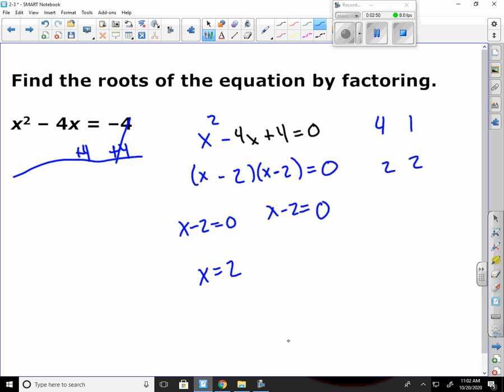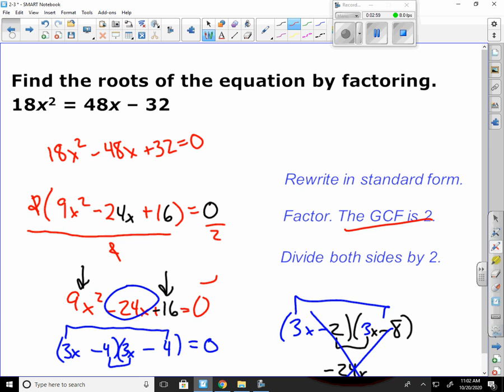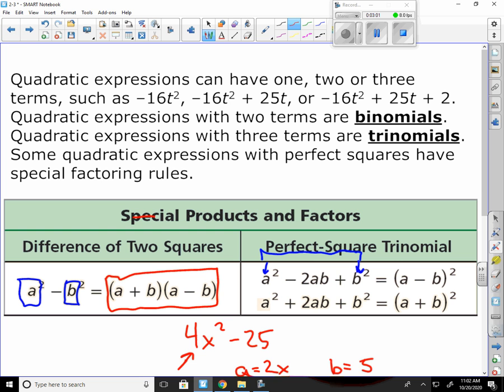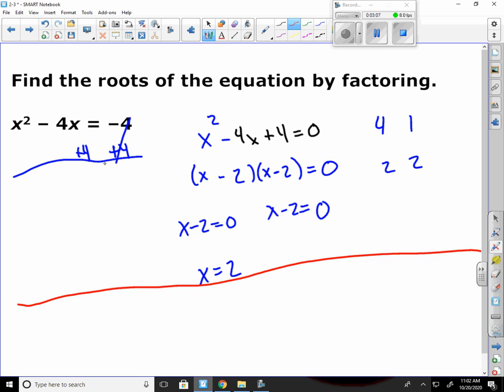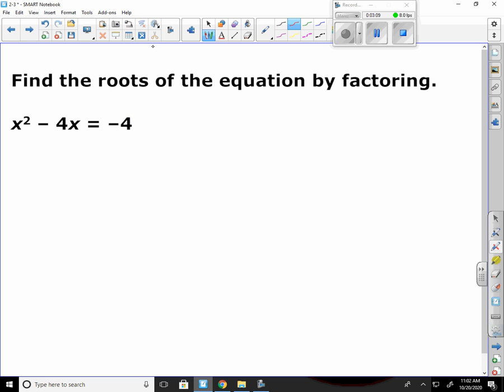If you'll notice, right from the beginning, I could have actually done this using our common terms: difference of two squares and perfect square trinomials. If I look at this question in the beginning, let's just get rid of all this.